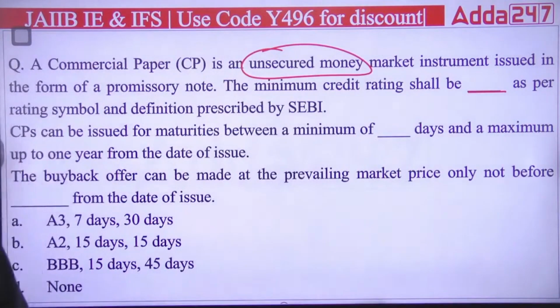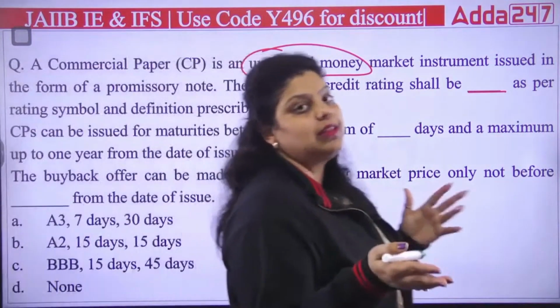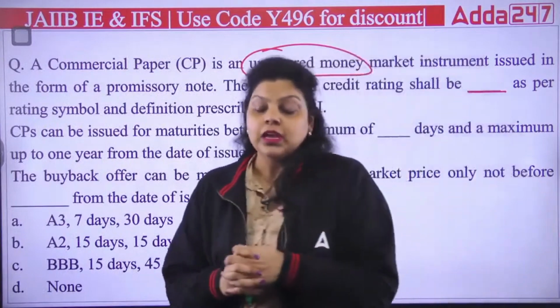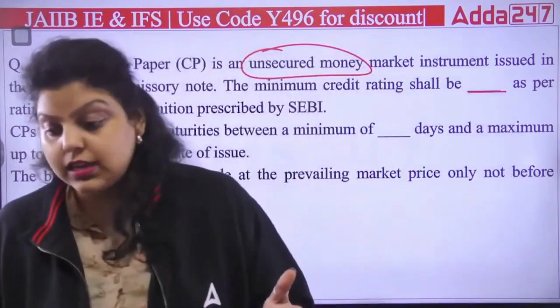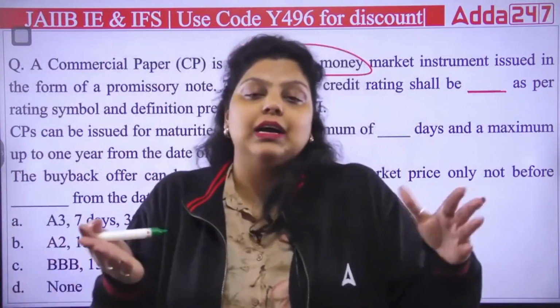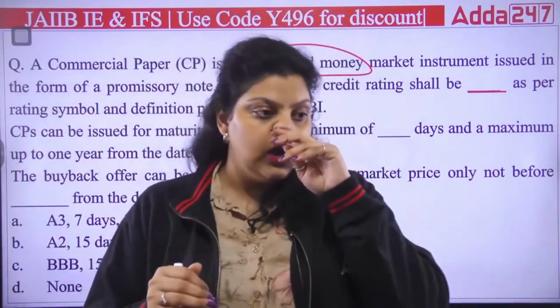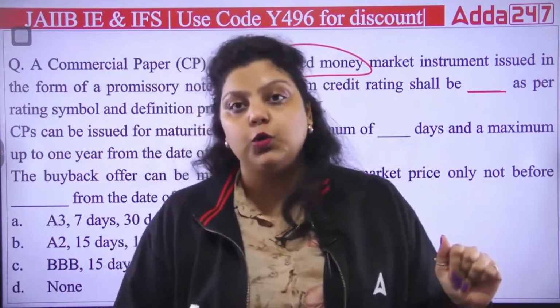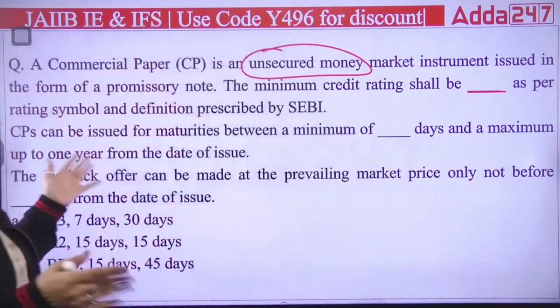So what we are talking about here, corporates issue the commercial paper, and that's why they are unsecured, because it's a risk. But not all the corporates can issue the commercial paper. There should be a dedicated rating criteria. Accordingly, the corporate will be allowed to issue the commercial paper.